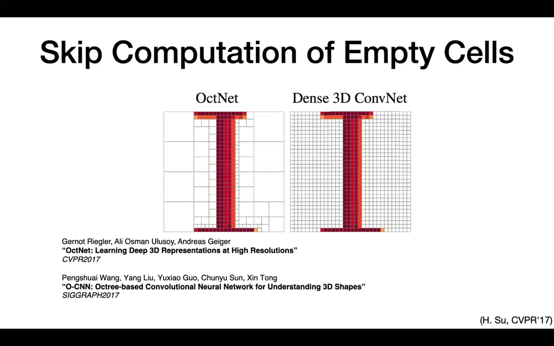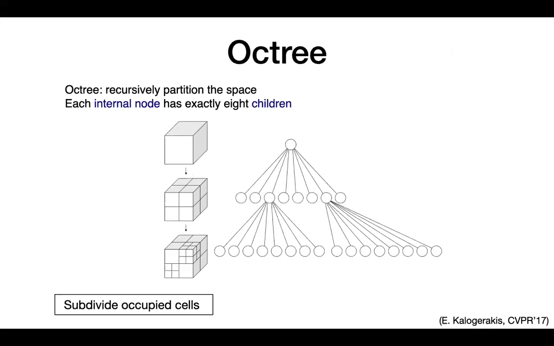And so this gives an indication of what would be the natural data structure to use. And the natural data structure to use is the octree, because the octree recursively partitions space, subdividing the occupied cells. If I have a cell that's not occupied, I don't need to do anything. But if the object is inside the cell, we subdivide it in 8. That's the name octree. And then for each child, we do the same.